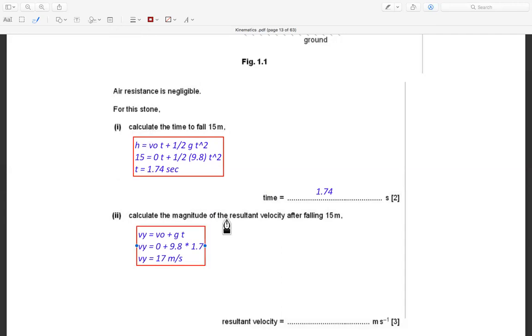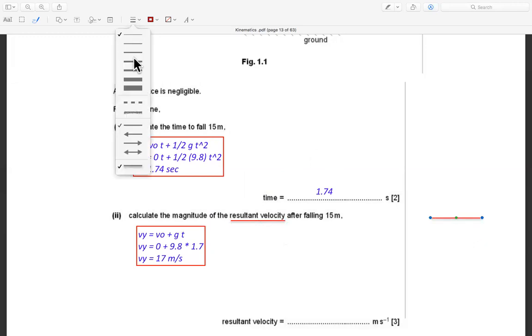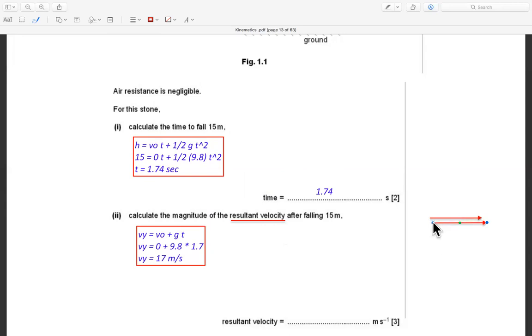Then we calculate the resultant velocity. It's like Pythagoras. This is Vx and Vy, where Vy is in the vertical direction.